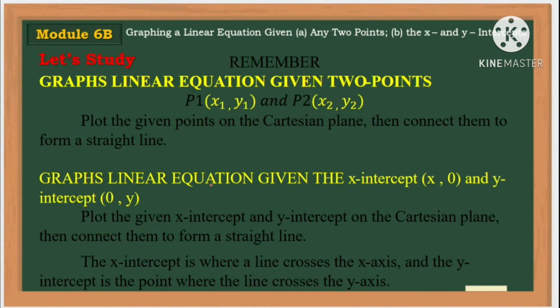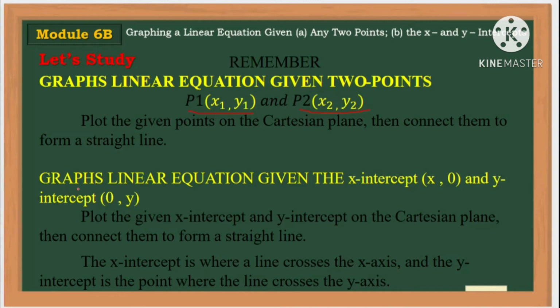So, here we're going to remember this one. So, we're going to plot first the point 1 and the point 2 in the Cartesian plane, then connect them to form a straight line. So, we're going to draw a straight line passing through the 2 points.